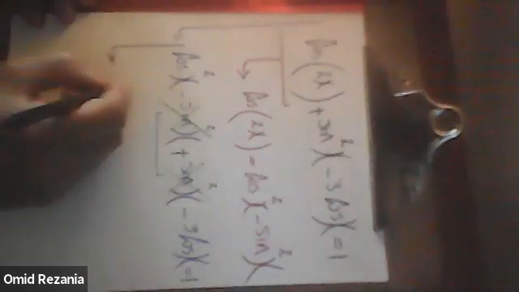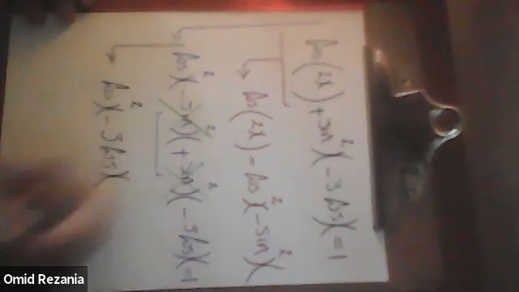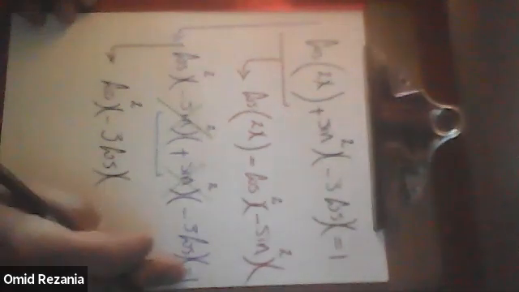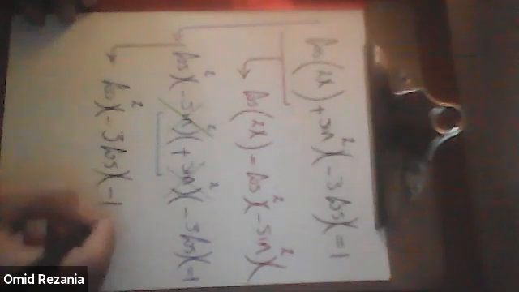Then I end up with a simpler equation, because two of the terms are gone, and it becomes cosine squared of x minus 3 cosine of x, and I can take 1 from the right, take it to the left of the equal sign, replace it with minus 1, and it becomes equal to 0.